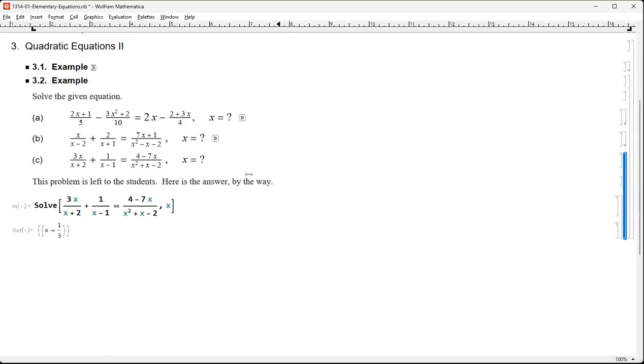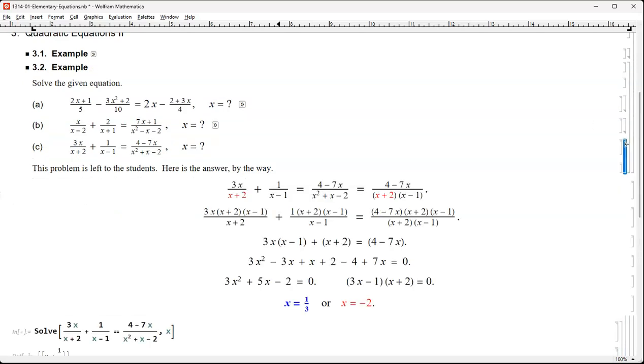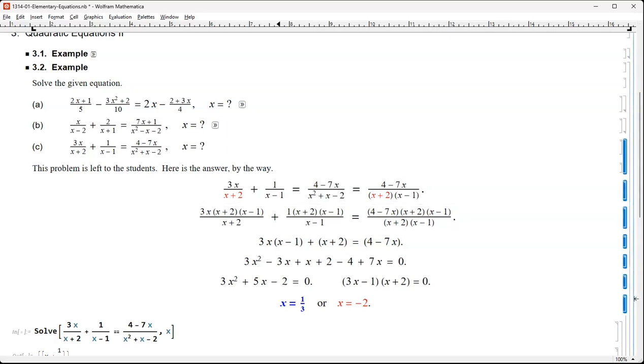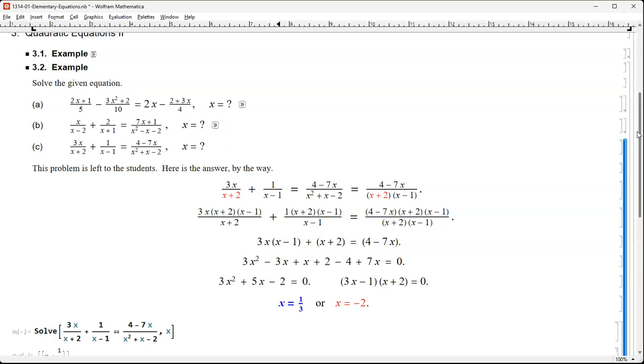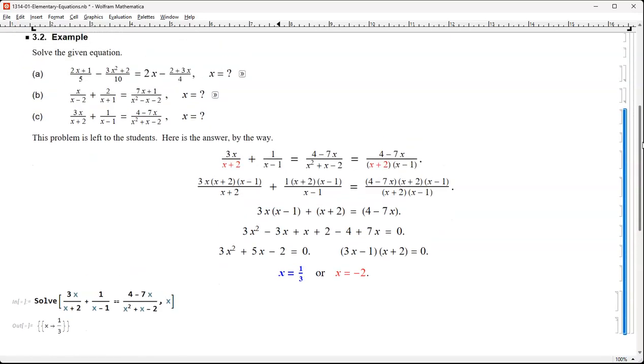Okay, in that case, all right, I'll include everything here. So x is 1/3. That's the only solution. Negative 2 is not. And as for this factorization, well, that's left to you.